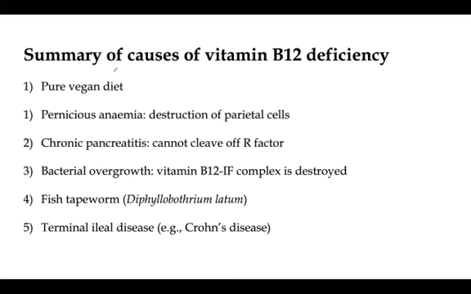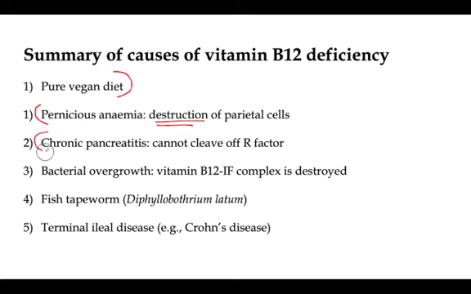People who are on a pure vegan diet will suffer from vitamin B12 deficiency because they are not taking any milk or dairy products. People suffering from pernicious anemia, because there is destruction of parietal cells, have no intrinsic factor being synthesized. As a result, they will suffer from vitamin B12 deficiency.